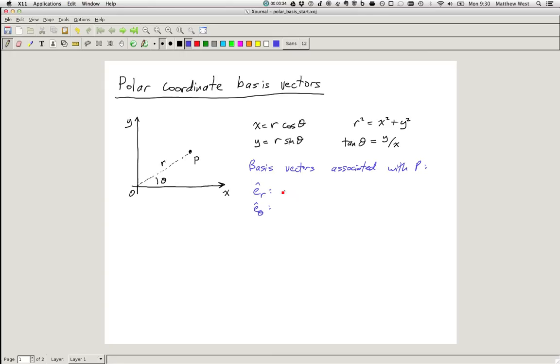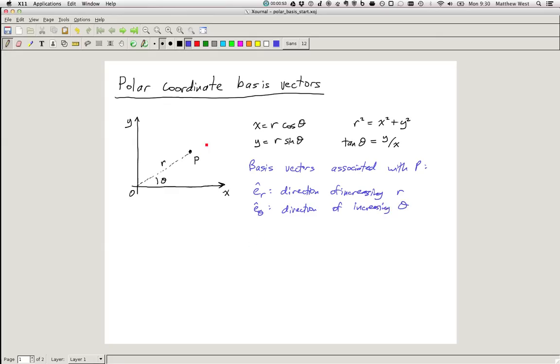The way these are defined is that e_r hat is the direction of increasing r, and e_theta hat is the direction of increasing theta.